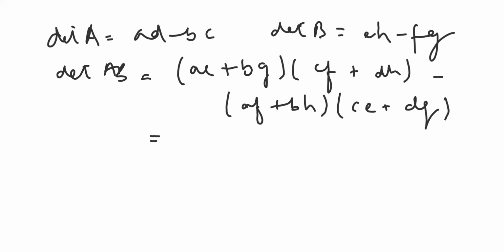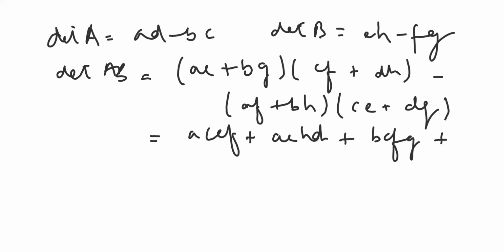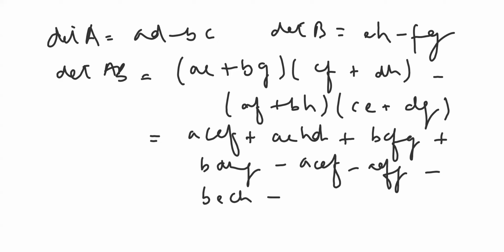So you expand these and you get ACEF plus AEDH plus BCFG plus BDHG, and the rest are minus: ACEF minus ADFG minus BCEH minus BDGH.